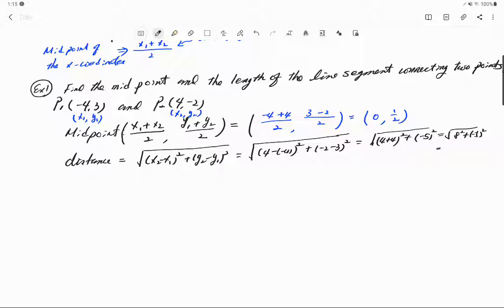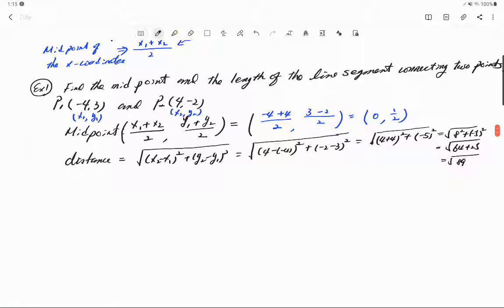So 8 squared is 64 plus 25. So that equals 89, right? So the distance between 2 points is square root of 89 units. We cannot simplify 89, so leave it as square root of 89. That's it.